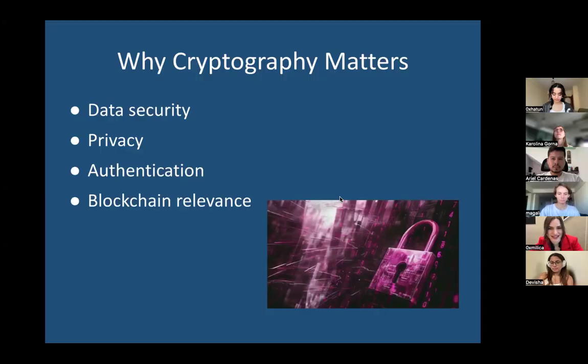Never do that. So in the end, why cryptography matters is because we have blockchain, and blockchain operates on cryptography, and people do not have a say in it, and it's censorship resistant.